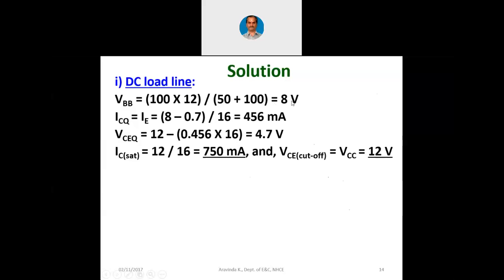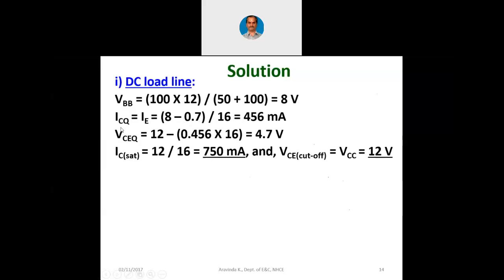Going for the approximate analysis of the circuit. Now, quiescent current, collector current is nothing but emitter current. That is 8 volts, VBB minus VBE, divided by 16 ohms at the emitter, that is 456 milliamps.